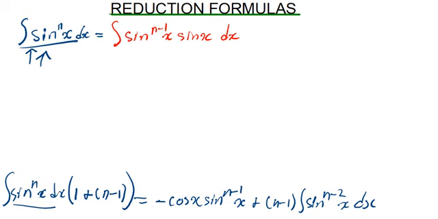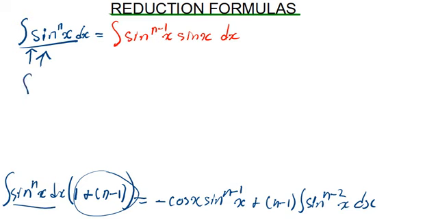So at this point, if you multiply out, you're going to have 1 plus n minus 1, which will just become n. We are just going to remain with n, meaning you are dividing everything by n.